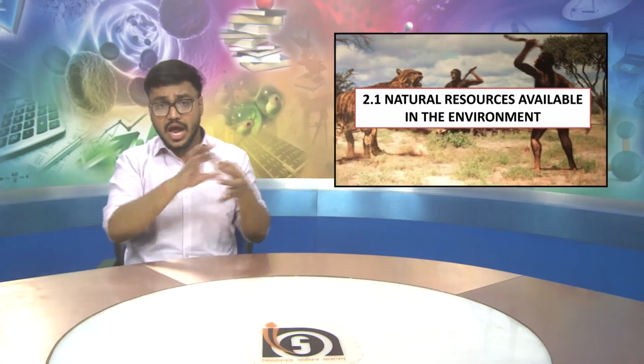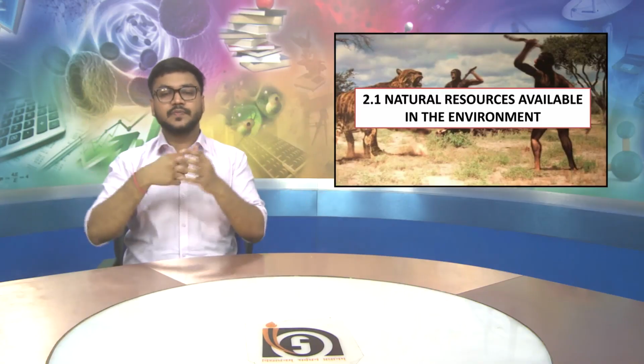Two point one, natural resources available in the environment. Primitive humans depended on the environment to survive. As they became more advanced, they started using natural resources to make life easier and safer.